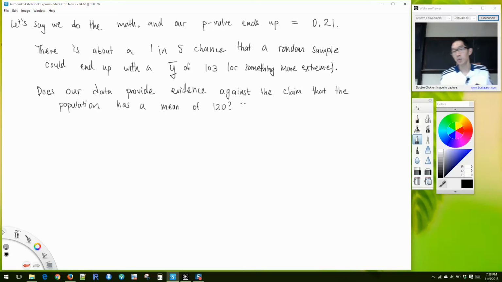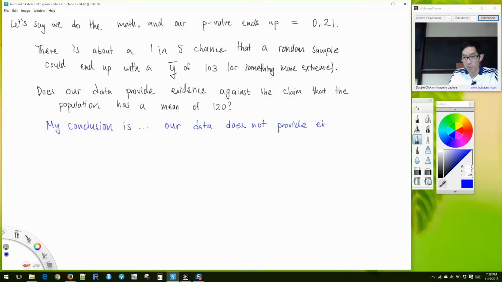Okay, so I would say if this were the case, my conclusion is our data does not provide evidence against the claim that mu equals 120.